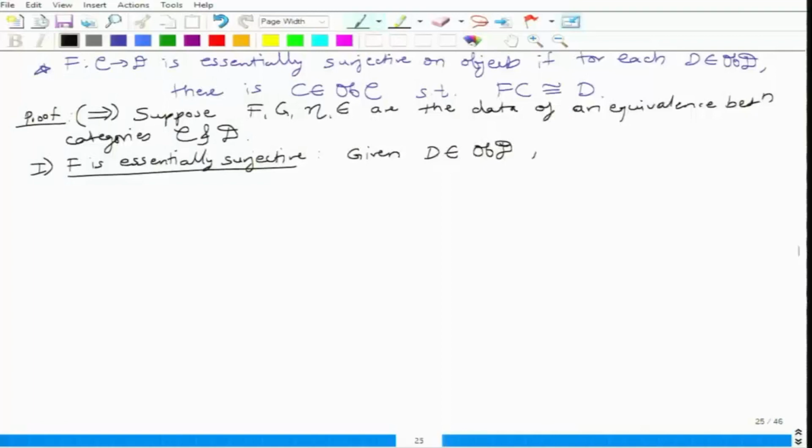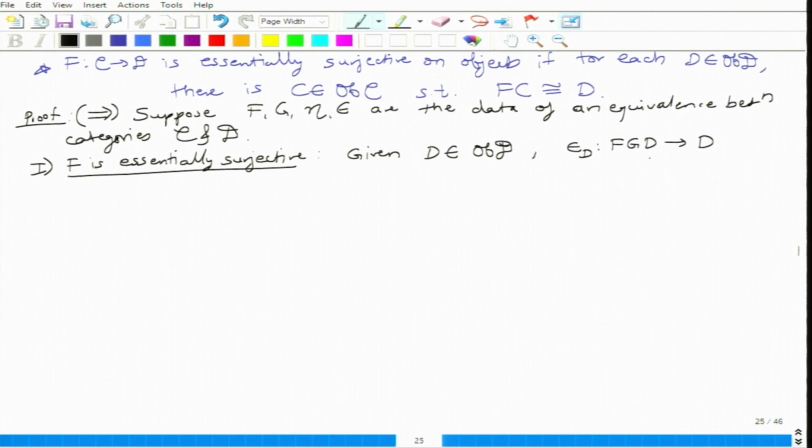So what do we have? Epsilon at which object are we talking about? Epsilon sub D is a map from FGD to D. What can you say about this particular arrow?